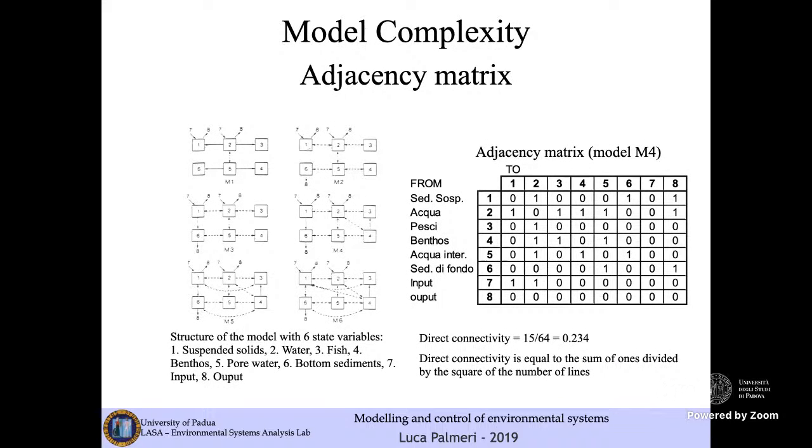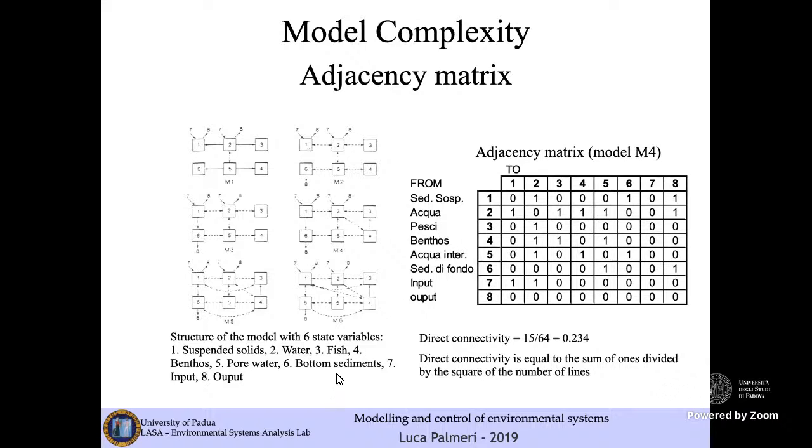Let's look at a different example. This is another model. Here we have 8 state variables: suspended solids, water, fish, benthos, pore water, bottom sediments, input and output. And this is the adjacency matrix calculated for the model M4. Again, we count the number of ones.